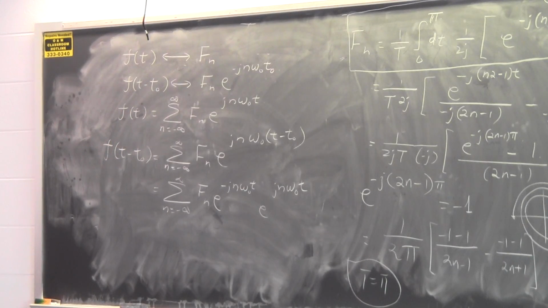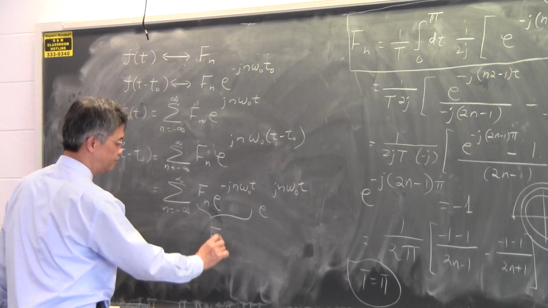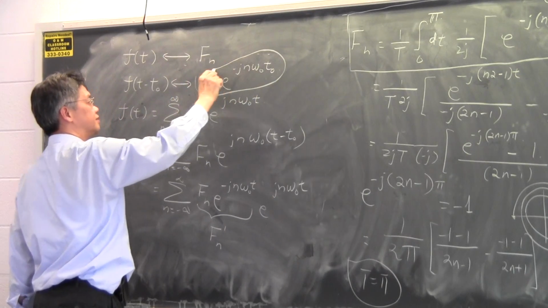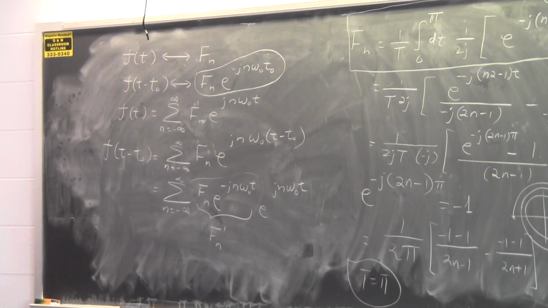Okay? And then this is my new coefficient, my new Fourier coefficient f n prime. Okay? So I see that my new Fourier coefficient is just equal to that, which is exactly the same as that. Okay? Everybody get that? No problem, right? Okay?